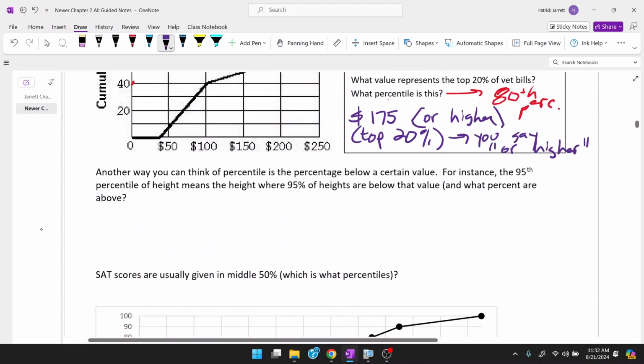For that matter, other standardized test scores typically are given in a range of middle 50%. Now, what percentiles will comprise the middle 50%? It's a range.